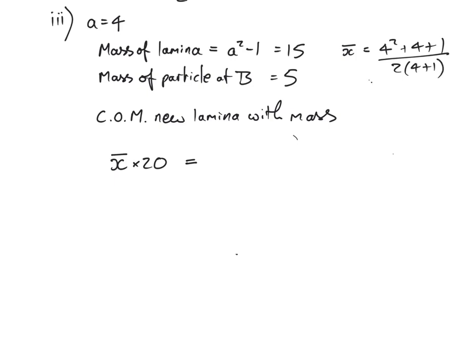So we can just use all of this. 16 and 5 is 21 over 10 is 2.1. So the original x bar is 2.1 in this case.